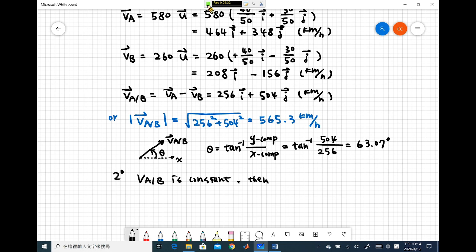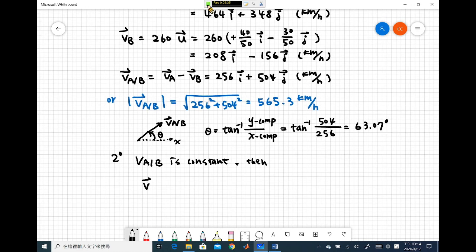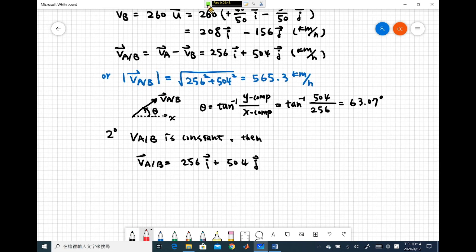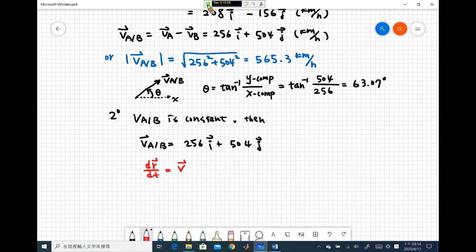Then we know VA relative to B is this one. It's constant, so we can use the definition. dr over dt will be v, and you can also put it in vector form. So your r will be, you do this VAB dt, you do the integral, right?